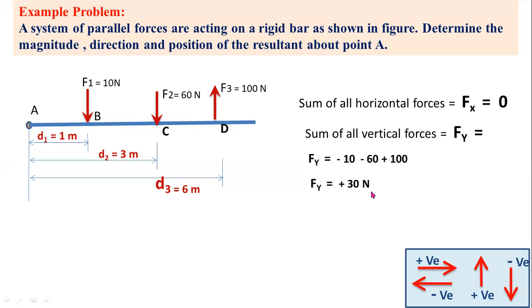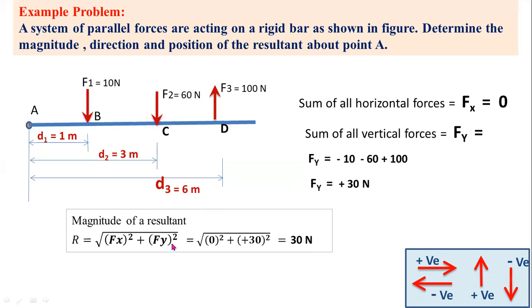This is the magnitude of the vertical force. Already we know the formula for the magnitude of the resultant: R equals the square root of horizontal forces squared plus vertical forces squared. You have to substitute the values of Fx and Fy in this equation.